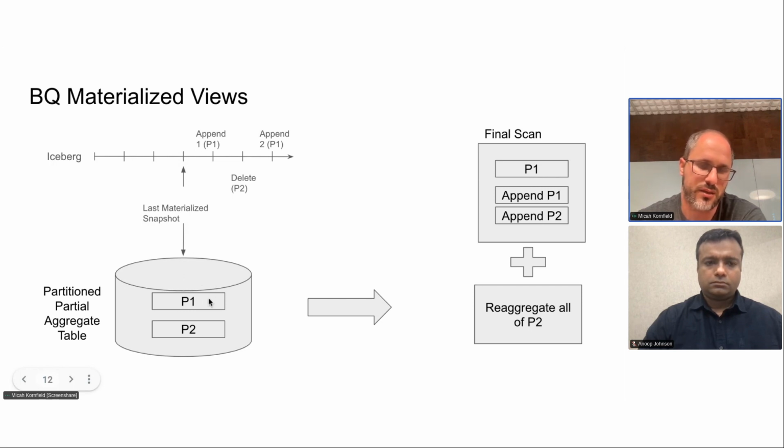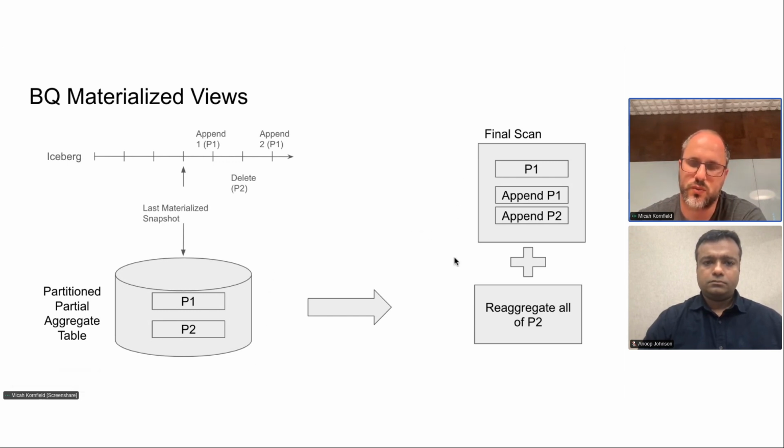If the materialized view is partitioned, we store partial aggregations at partition levels. And then when somebody runs a query, say at the current point, we see that there was an append to partition 1, a delete to partition 2, and an append to P1 again. At query time, we find the diff between what's in our pre-aggregated table and what we need to do.